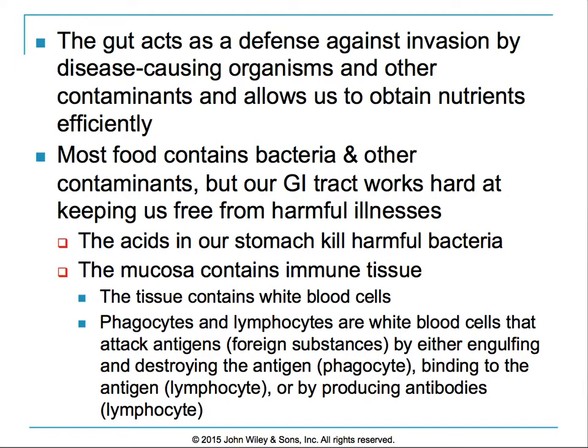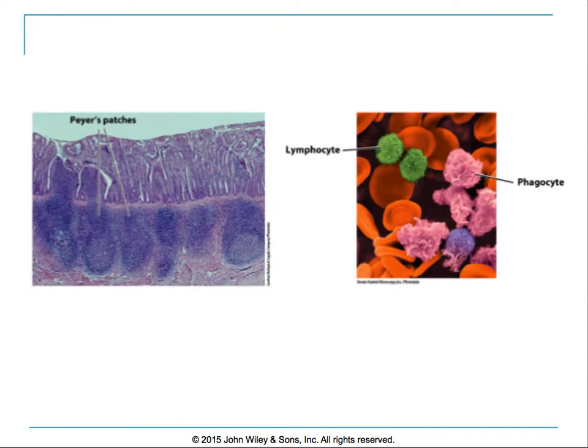The phagocytes work to engulf and destroy the antigen. The lymphocyte then binds to the antigen and produces antibodies. This is an example of what the lymphocytes look like, shown here in green, the phagocytes in pink, and these red discs are just your red blood cells.